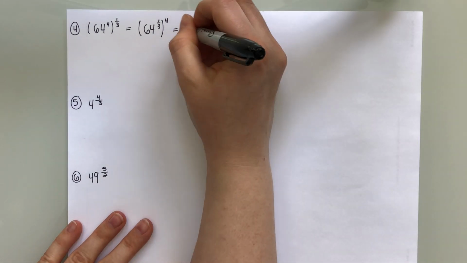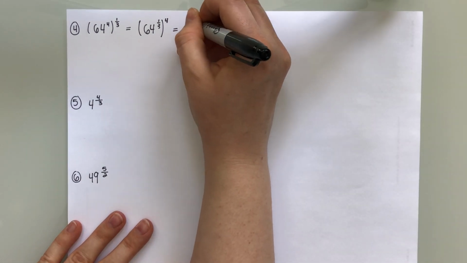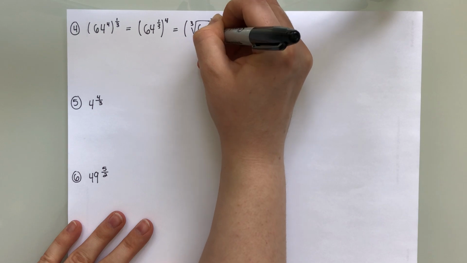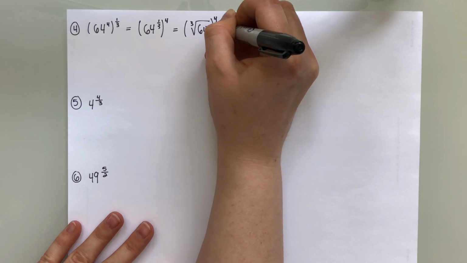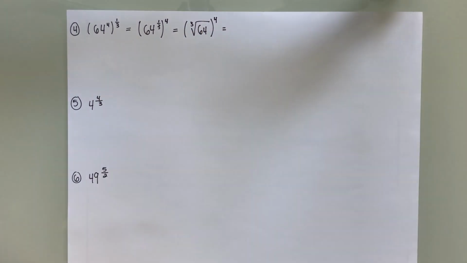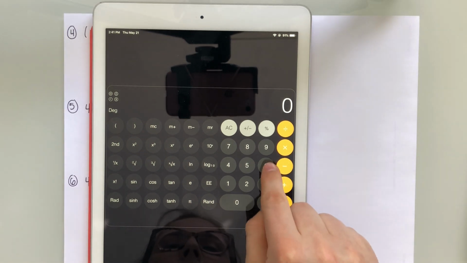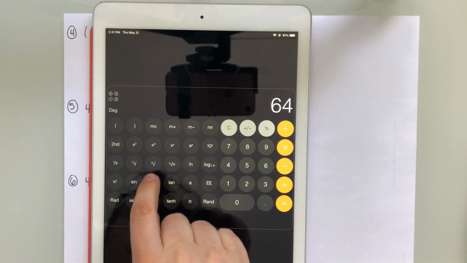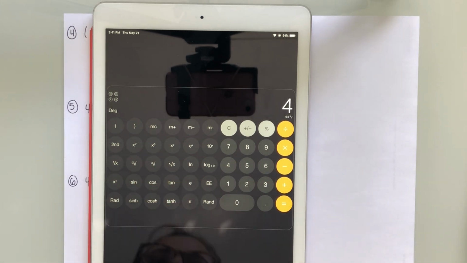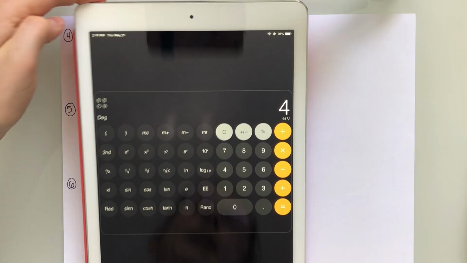Now I can write this as the cube root of 64 to the power of 4. So the cube root of 64, if you don't know how to figure that out, we can either do a factor tree or we can just take our calculator and type in 64, and there's a cube root button already there for you. So the cube root of 64 is 4.